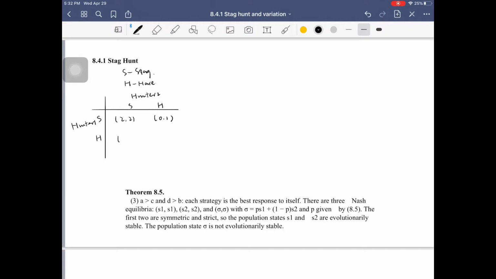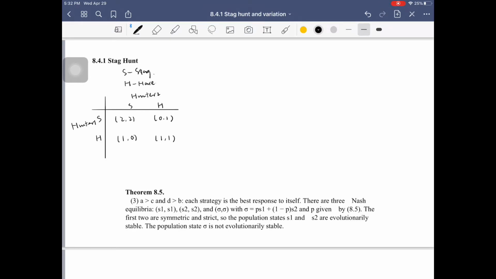So the same as the HS strategy, the payoff is 1-0. And if both of them cooperate and hunt for the hare, then both of them get the lesser payoff, but both of them will get the same benefit, which is 1-1.